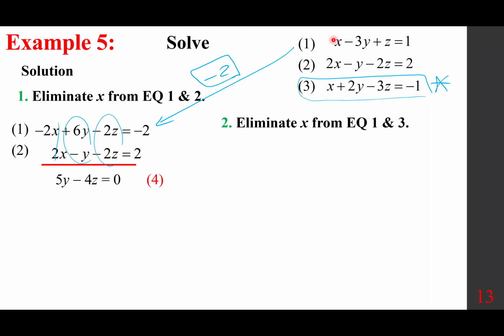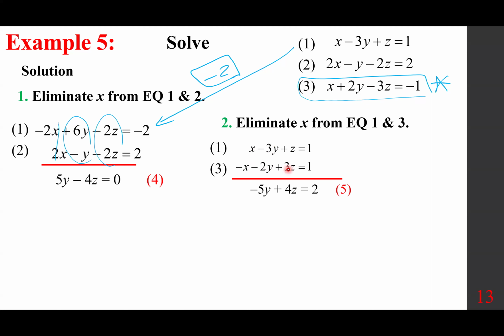Let's keep this unchanged and let's multiply this one by negative 1. We get minus x minus 2y plus 3z equals positive 1. Okay. When we put them together, these two cancel each other. This is negative 5y, positive 4z equals 2. And that would be equation number 5.